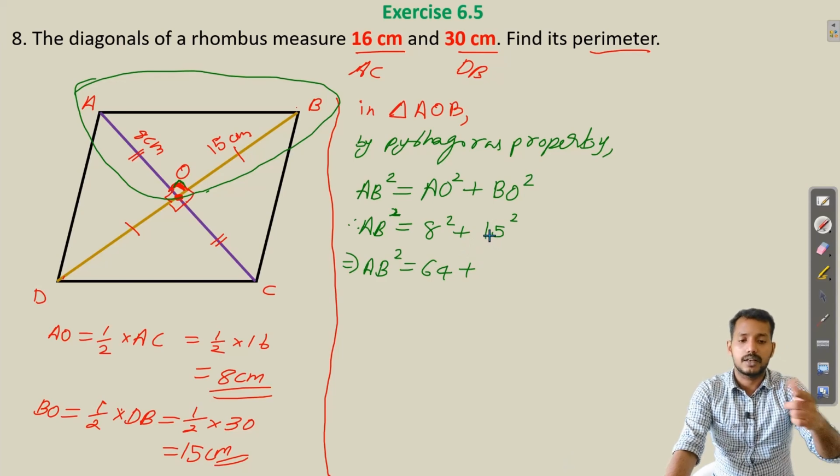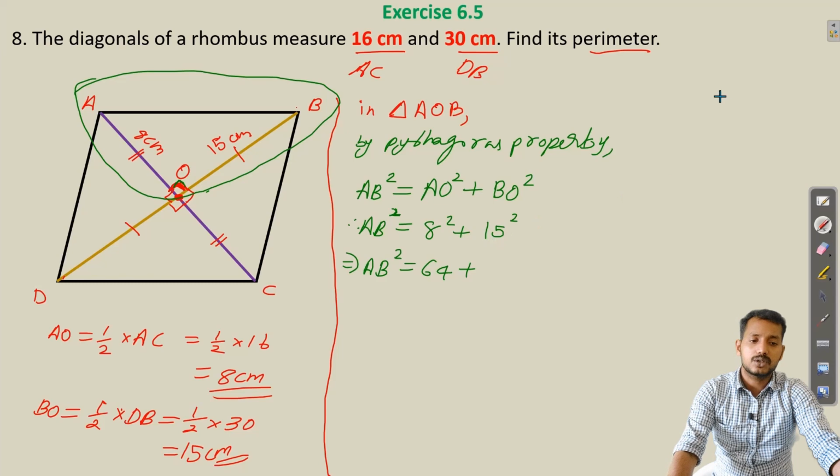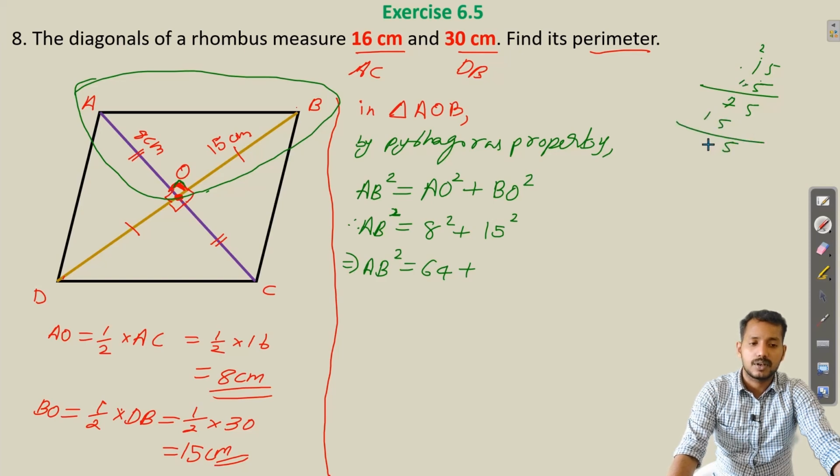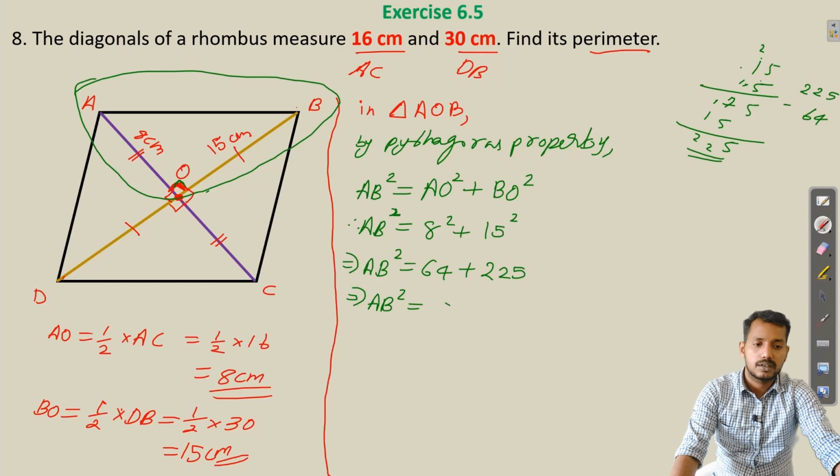I already discussed how to find this in the previous questions. 15 square means 15 into 15, you can try yourself, that is 225. That implies AB square is equal to 64 plus 225, which is 289.